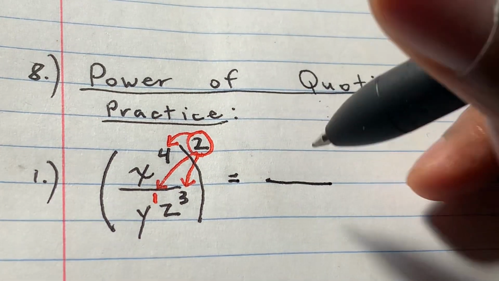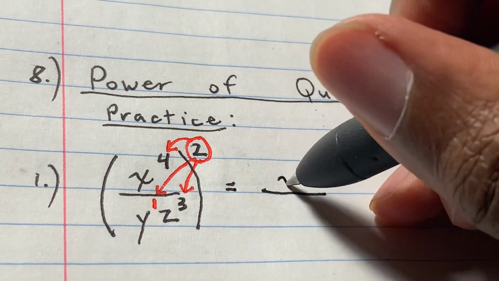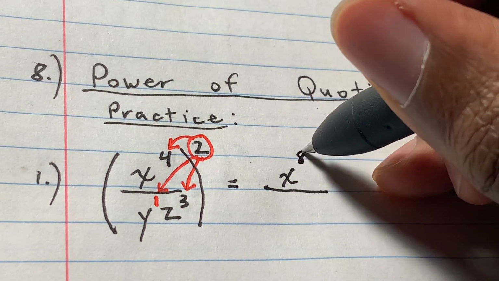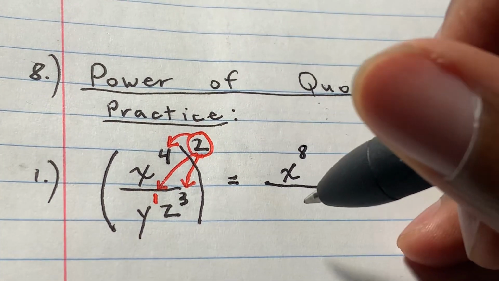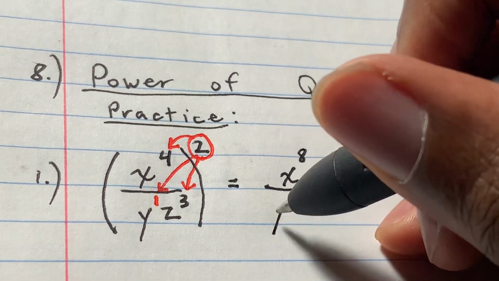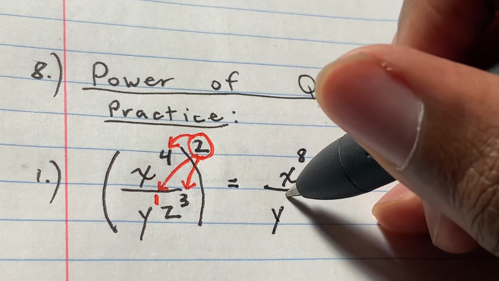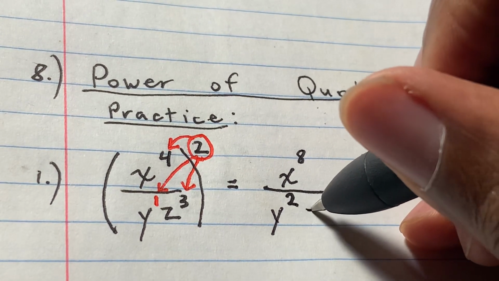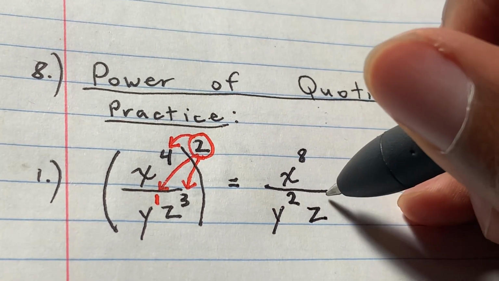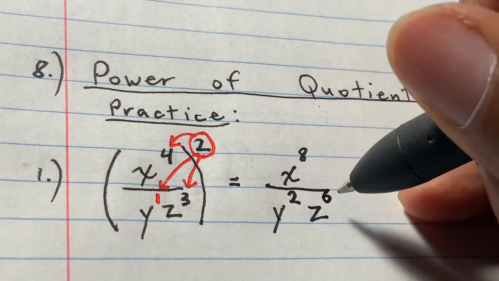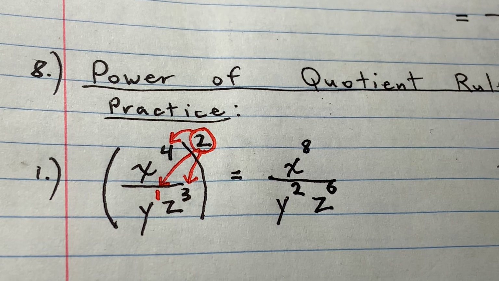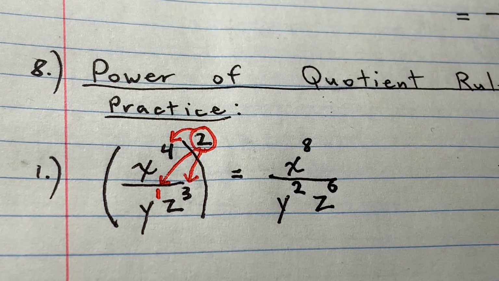Okay, someone just told me, Mr. Barbier, it's going to be x to the 8th power on top. Very good. And on the bottom, someone say it. y to the what? 2nd, okay, also known as y squared. And z to the what? Someone just said 6th power. Very, very good. Ladies and gentlemen, that's the answer. Okay, that's the answer. Very simple, very easy.